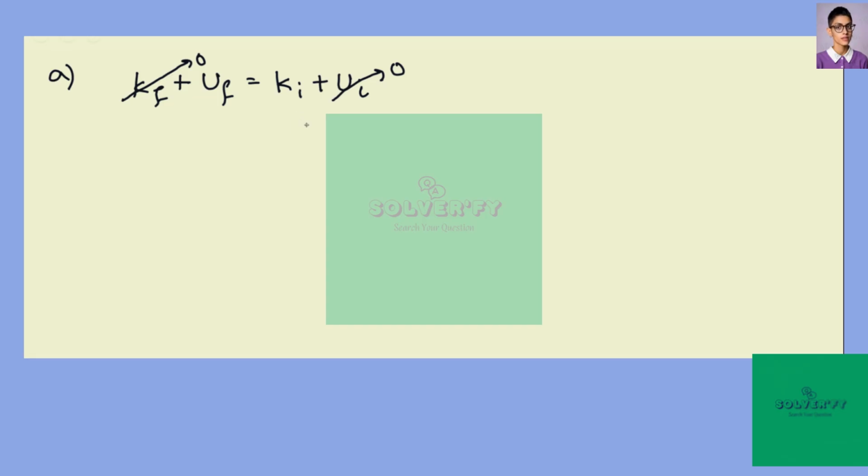So this kinetic energy will be half of m v naught squared, where v naught is the speed of the driver, and for the potential energy, Uf is when the bag is totally compressed.